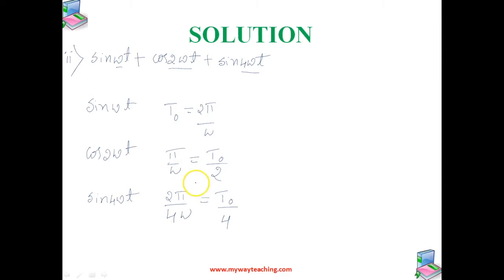So the period of the first term is a multiple of the periods of the last two terms. So the smallest interval of time after which the sum of the three terms repeats is T naught, isn't it? And we can say this is a periodic function with a period equal to 2 pi by omega, isn't it?